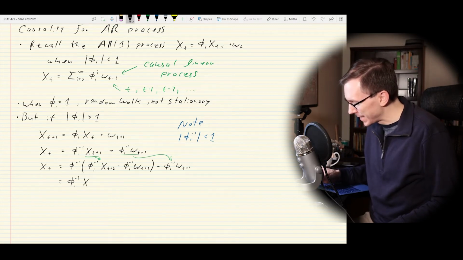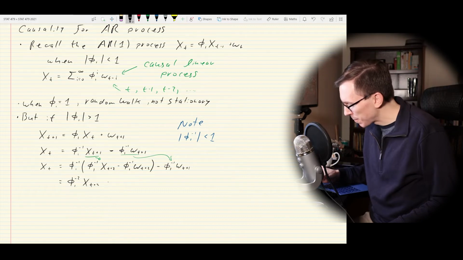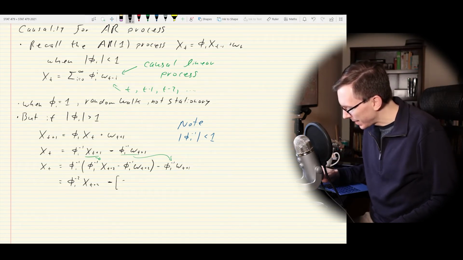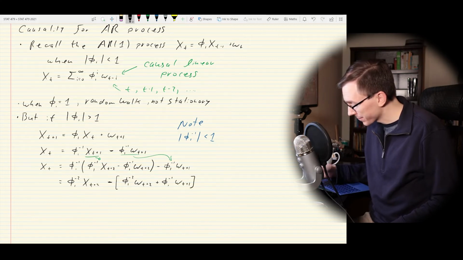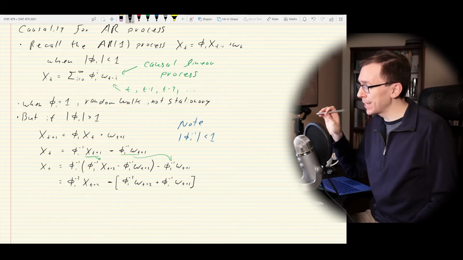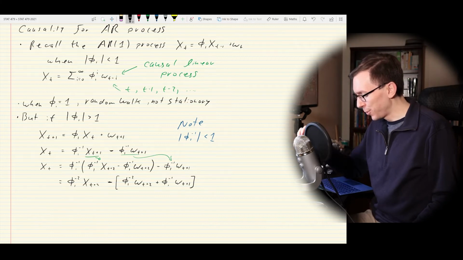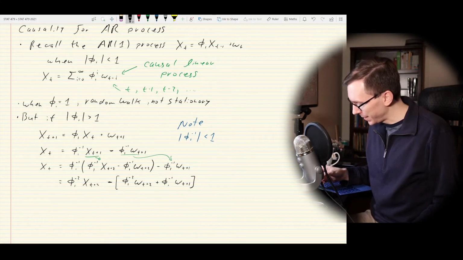The point is that we could have an AR process with more than one term in it, we just don't in this case. Then in the giant minus bracket, we have phi 1 to the minus 2 w_{t+2} and phi 1 to the minus 1 w_{t+1}. So we do the exact same thing we did for the causal AR(1) process above, where we just keep iterating until we get an infinite series.